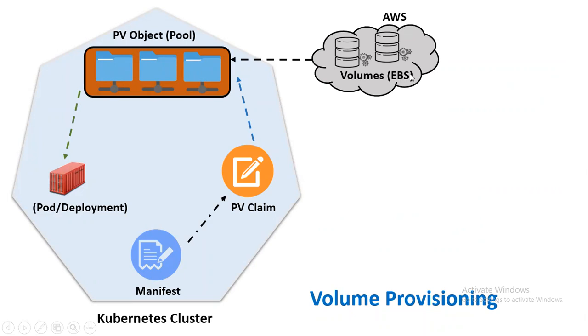In AWS, I will create a storage, and then we will create a persistent volume object inside the cluster. And then while defining the YAML file, we will also define a persistent volume claim to tell how much storage is needed for this pod. Based on that, it will try to create the pod and assign the volume. Okay.